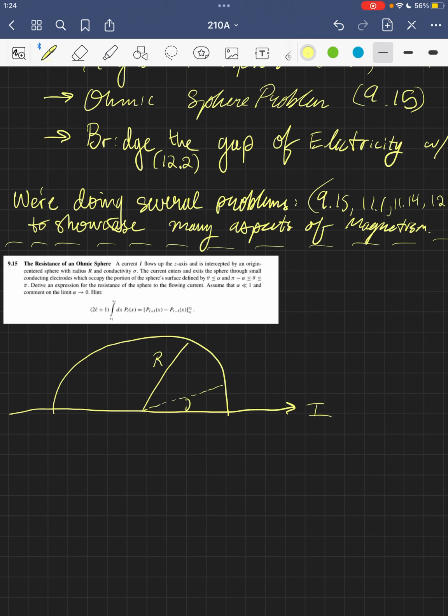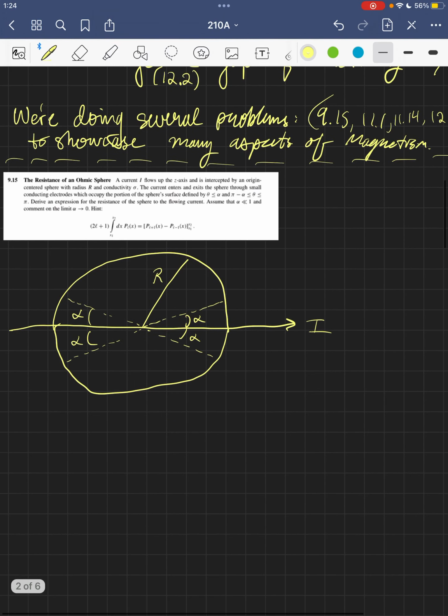And there are electrodes on the front of the sphere and the back of the sphere where the current is going in and out of. And they have an angle alpha. So really, if it's the entire sphere, this is an angle of 2 alpha, right? Because we have this whole sphere. Kind of looks like a potato there, but all right.